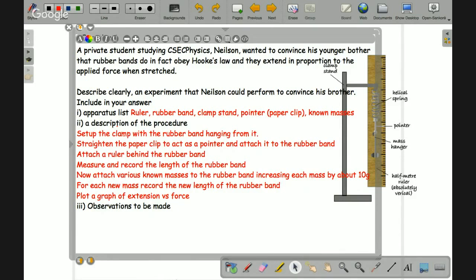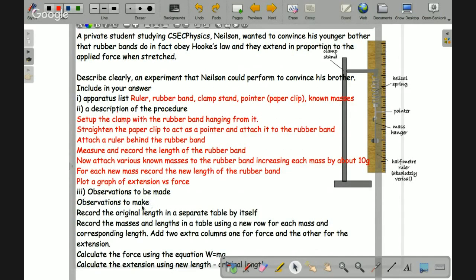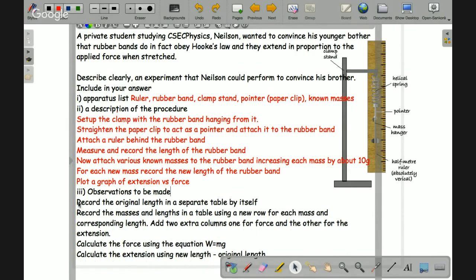We need to calculate the force, or how about if I just see the observations that we need to make, right? First, we want to record the original length in a separate table all by itself.